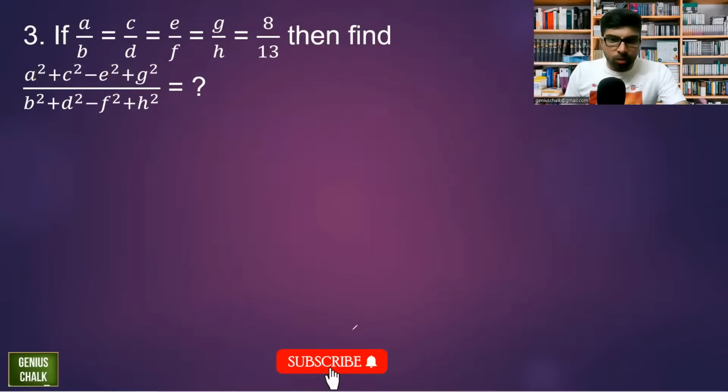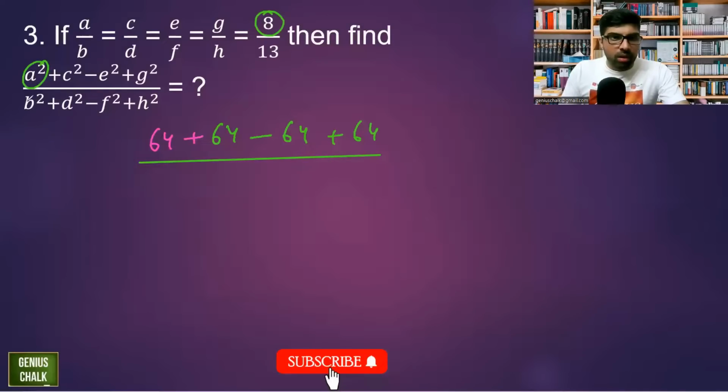Now you may ask for the proof, so let's prove it again. You see, A square, A means 8, so 8 square, that is 64. Then C is also 64, minus E is also 64, 8 square, plus 64. This is what we are getting, and this is divided by B. B is 13, so it will be 13 square, 169 plus 169 minus 169 plus 169.